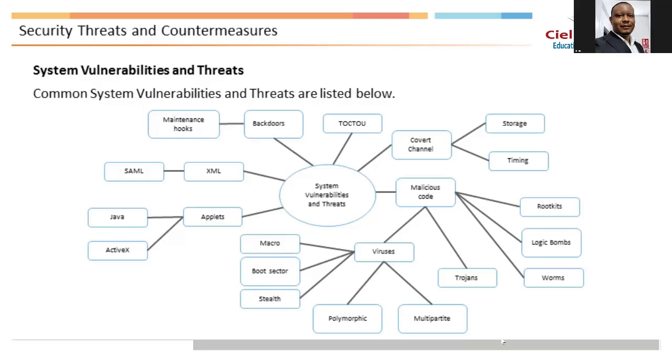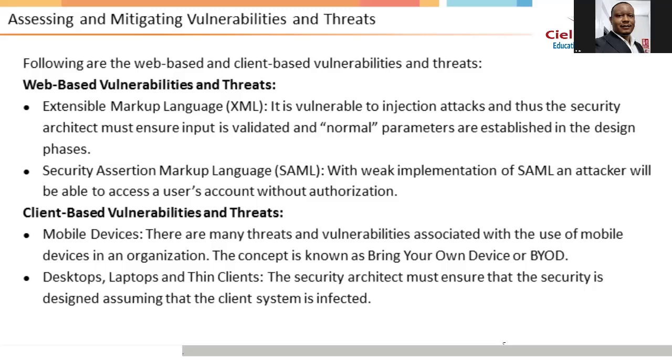They include things like covert channels, viruses, rootkits, malicious code, backdoors, time of check and time of use. All of these are the various vulnerabilities or threats that you usually face within a system's environment. Therefore, mitigation measures are usually implemented to deal with these threats.